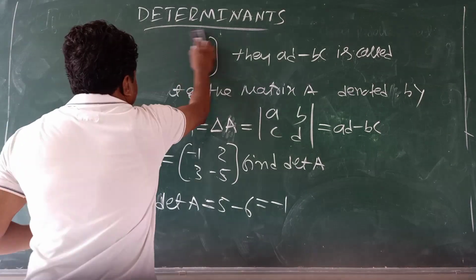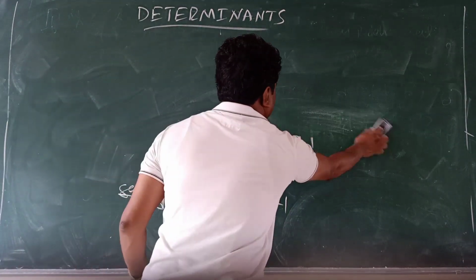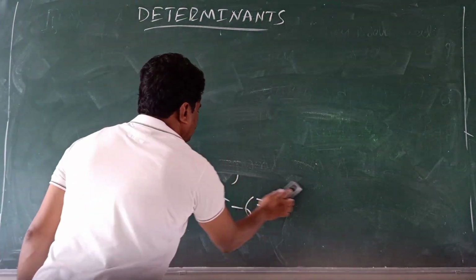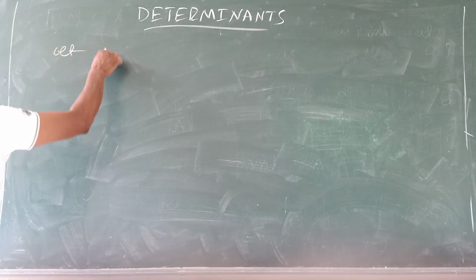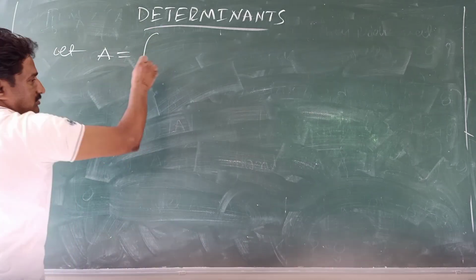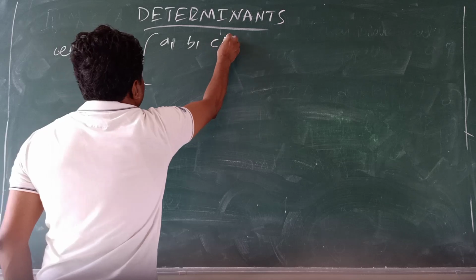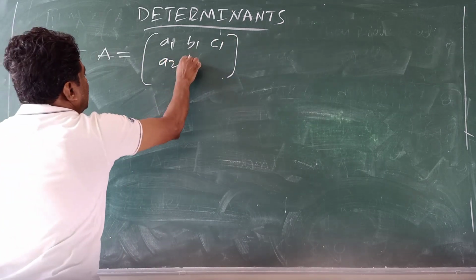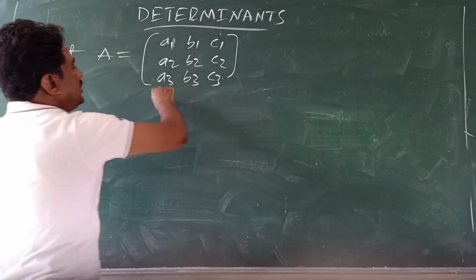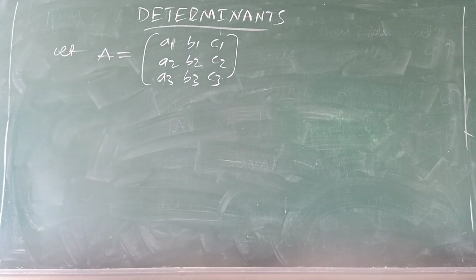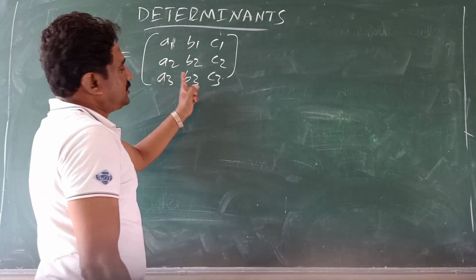Let me take a third order matrix. Let A equal A1 B1 C1, A2 B2 C2, A3 B3 C3.